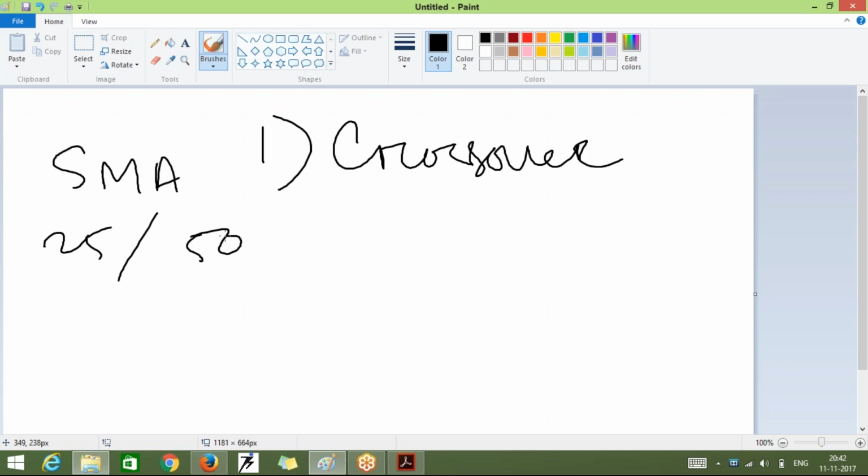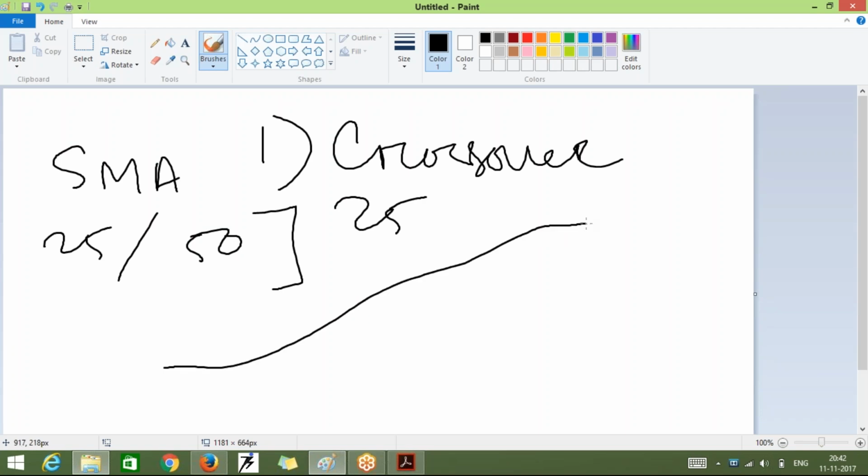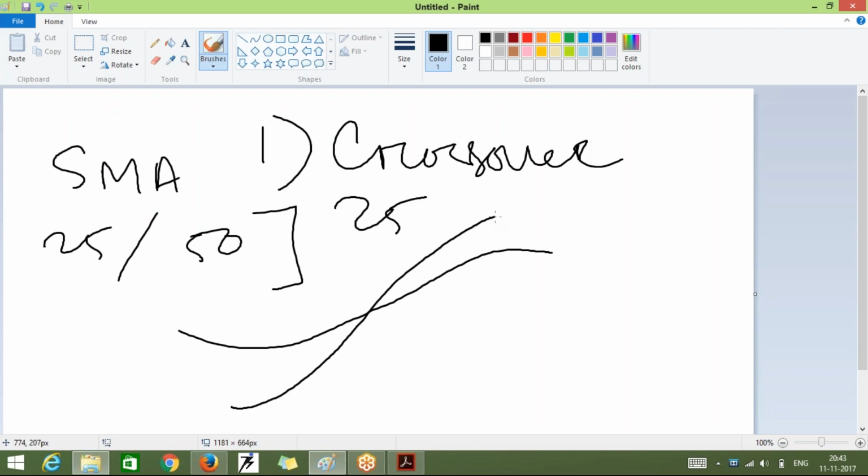You will be finding lines like this, the simple moving average lines over your chart. Then the 25 period SMA first will coincide. Suppose this one is a 25 period SMA and this one is a 50 period SMA, this is the point where they are coinciding.